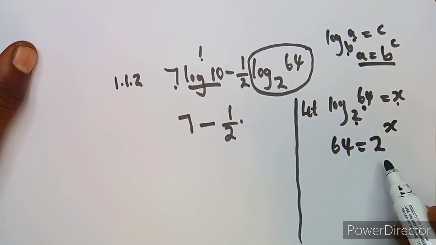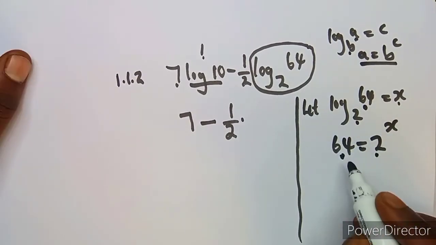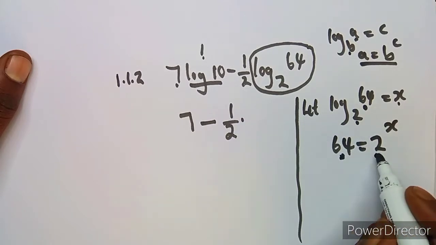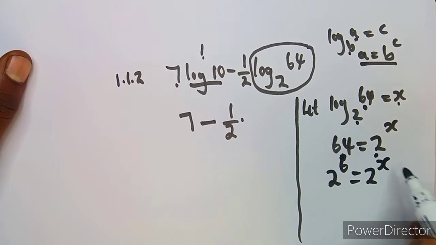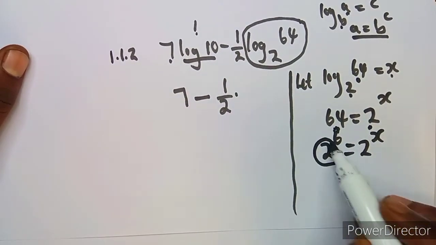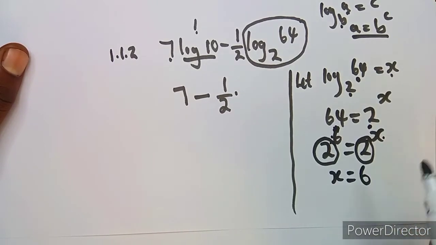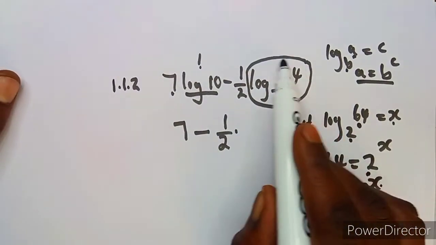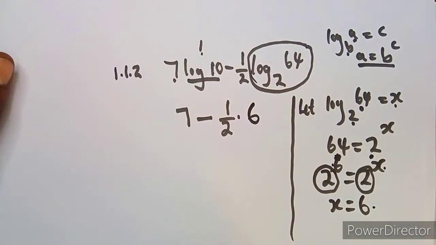Okay, so you can find the value of x by making these two numbers have the same base, 64 and 2. 64 in base 2 is 2 to the exponent of 6, which is equal to 2 to the exponent of x. We know that when the bases are the same, the exponents are the same, so x is equal to 6. So log 64 in base 2 gives us 6, so it's going to be half times 6.